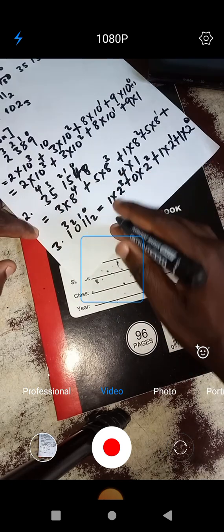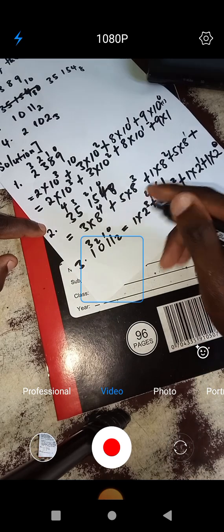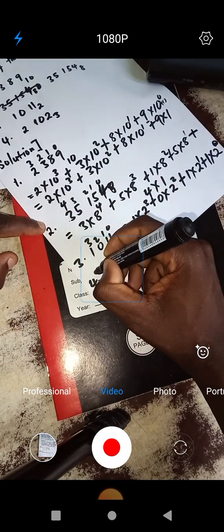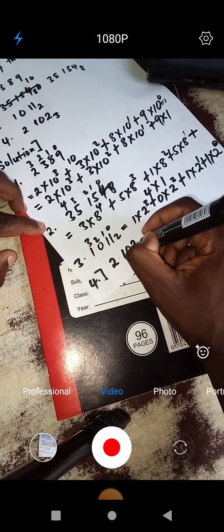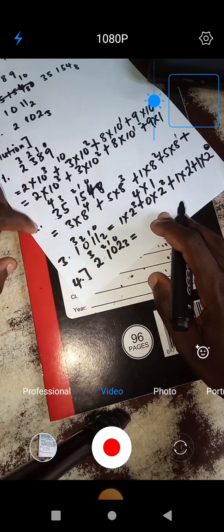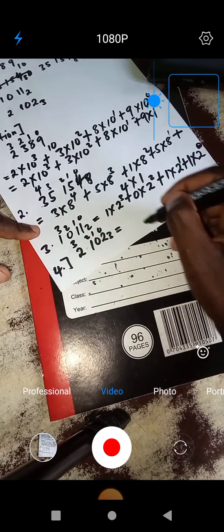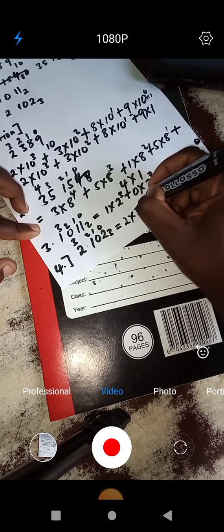Then we move on to our last question, which is number A4. Number 4 says 2102 base 3, with positions 0, 1, 2, 3, equals 2 times our base 3 to the power 3.